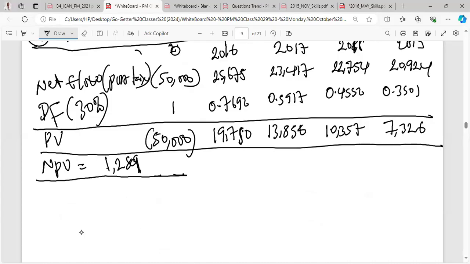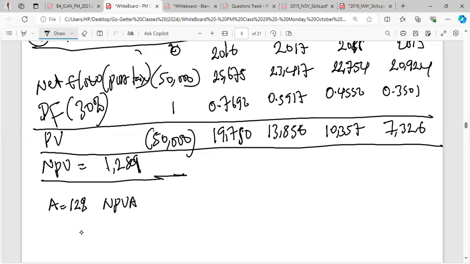So what we'll just do now is use our interpolation formula. We will want to define our NPVA. We'll start with A. Our A happened to be 12%, which we did before.